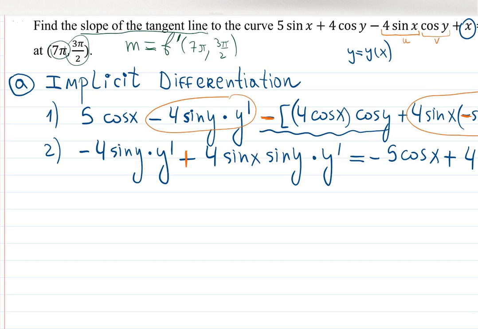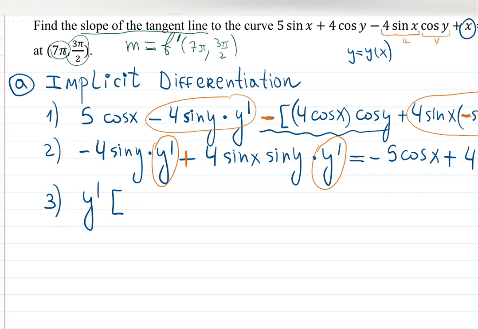Now our job is to identify y primes and factor them out. Basically, the whole process right now is to solve for y prime. I'm just carefully explaining steps to do that. But you can do it different ways. You can move everything to the right-hand side and left-hand side, vice versa. Factor out right away if you're good at that. Your choice.